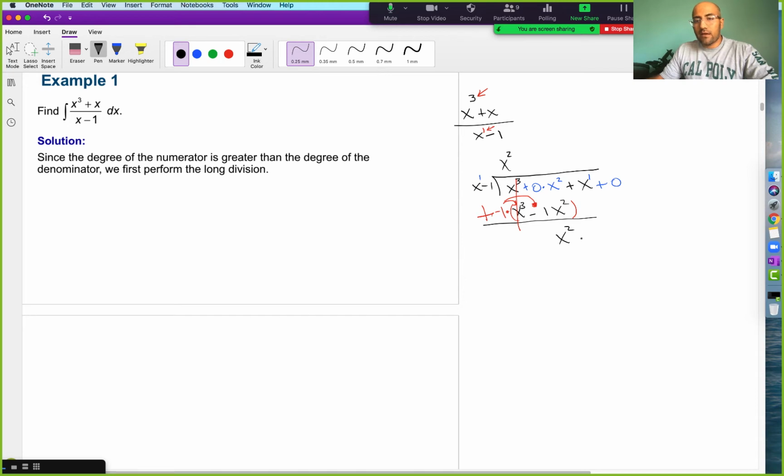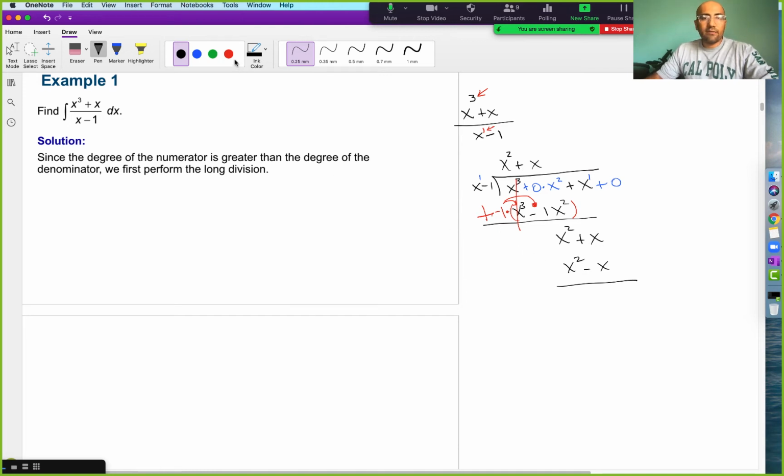Then I bring down the next term, which is an x to the power of 1, and I go back up here. So now, again, I have to multiply blank times this term to equal exactly that term, including the sign, which is positive in this case. So let's put a plus x there. x times x gives you x squared, and x times negative 1 is minus x.